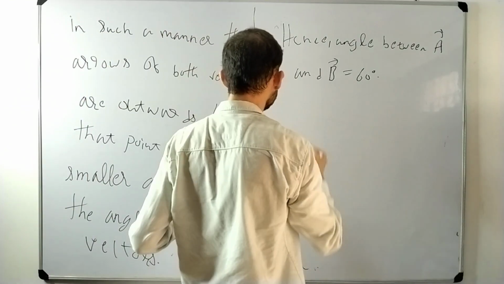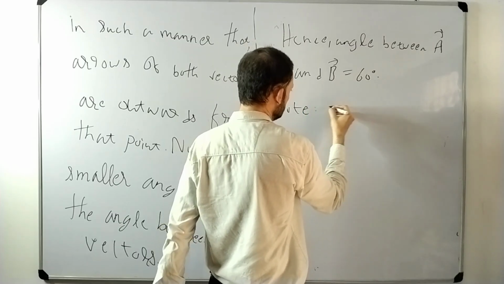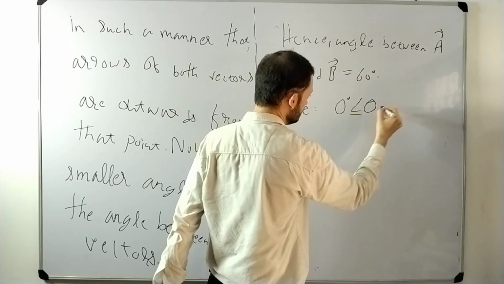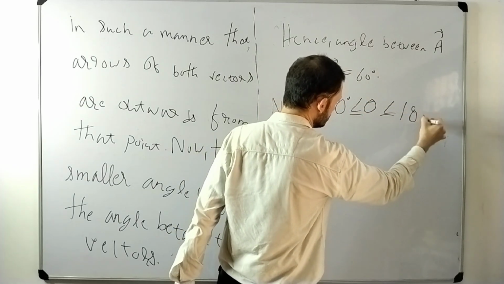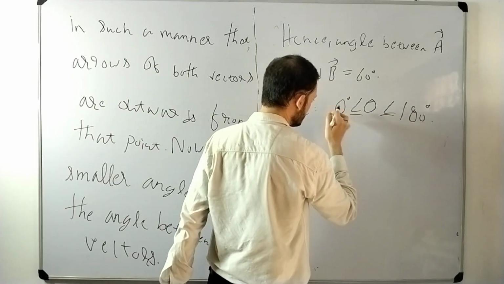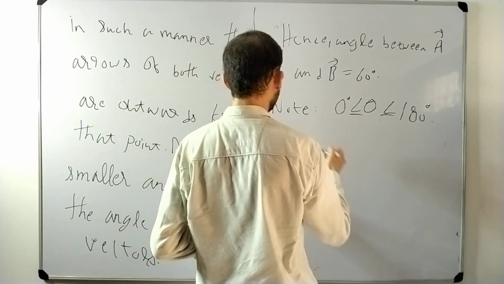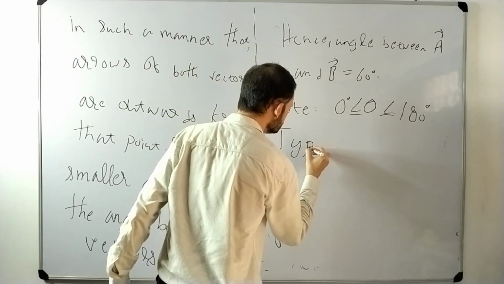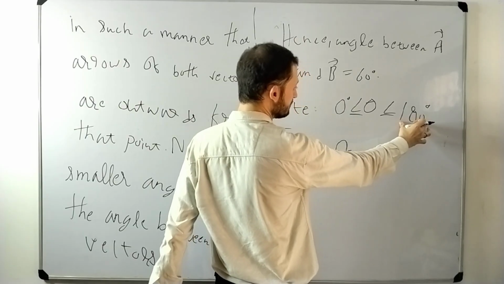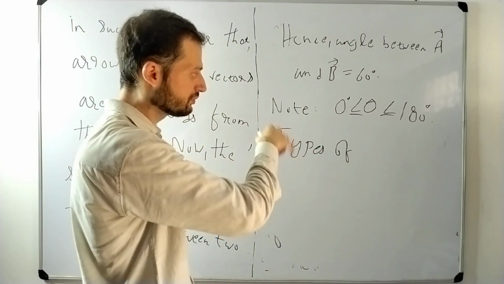Note: theta can be 0 degrees to 180 degrees, but not more than 180 degrees and never less than 0 degrees. If this angle is going more than 180 degrees, you are supposed to take the reverse of it.